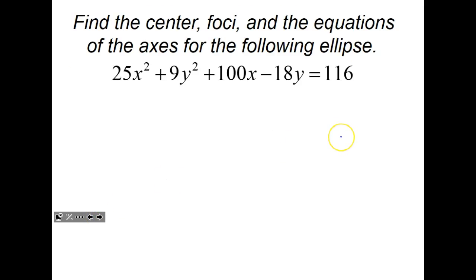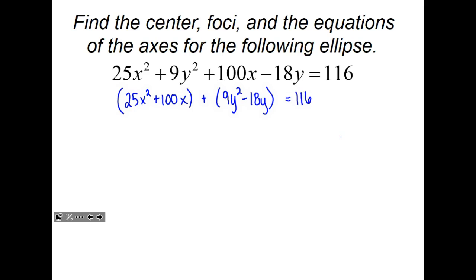Okay, here's our next one. We're going to start off by grouping that 25x squared plus 100x together, and then we'll have our 9y squared and our 18y. We'll put those together, and our 116 is already on the other side.